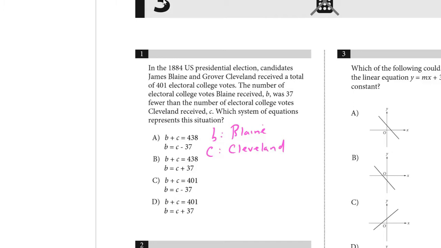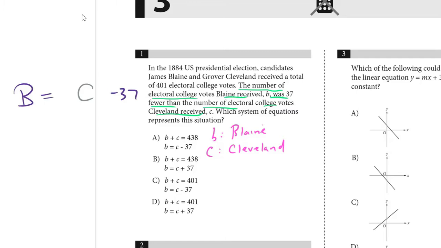It tells us that the number of votes that Blaine received was 37 less than the number that Cleveland received. So the number that Blaine received was 37 less. Now, a subtraction has to go at the end. Subtraction implies an order. Something needs to be there for us to then subtract from it. So it's 37 less than the number that Cleveland received.